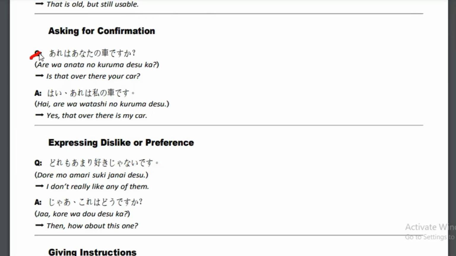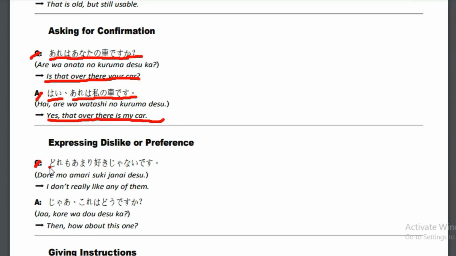The next question is are wa anata no kuruma desu ka, is that over there your car? The answer would be hai, yes. Are wa watashi no kuruma desu, yes, over there is my car.